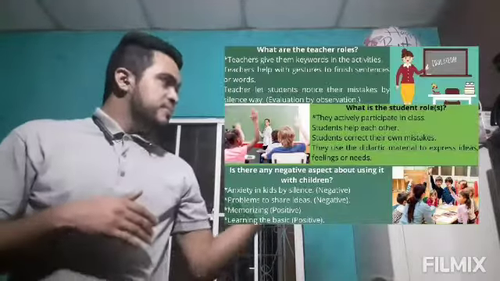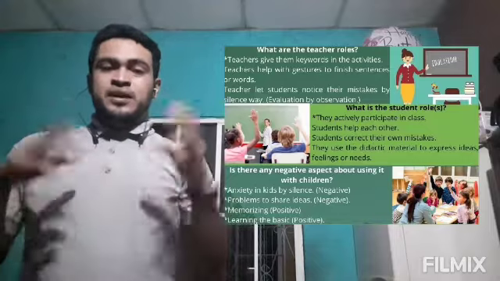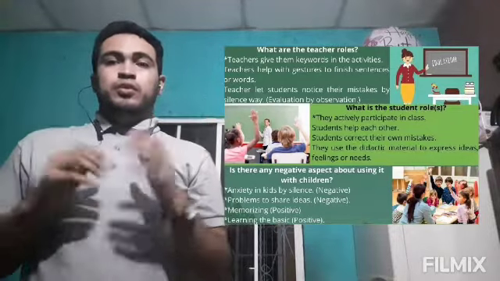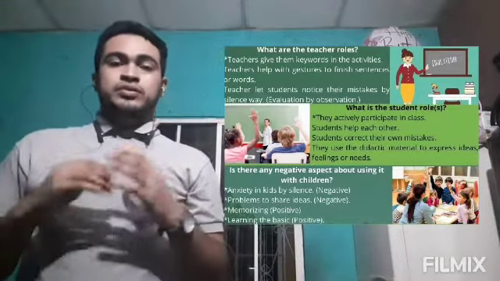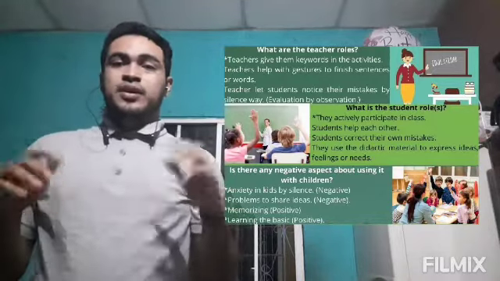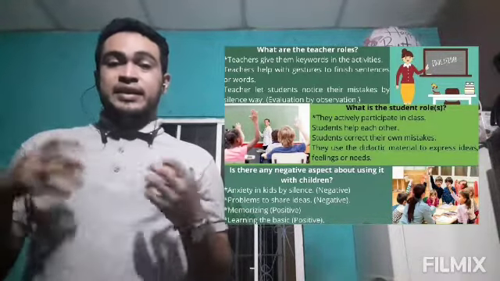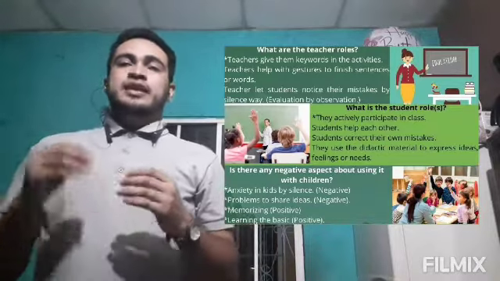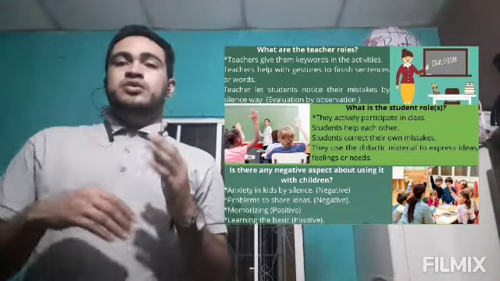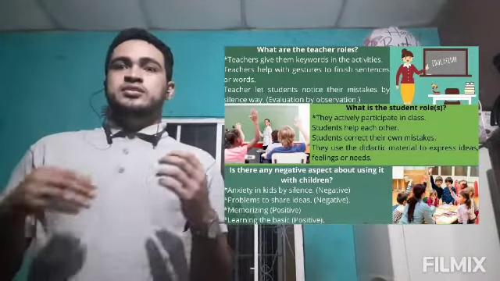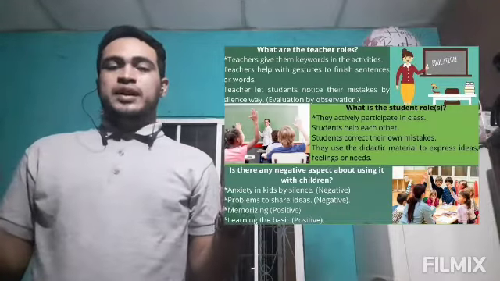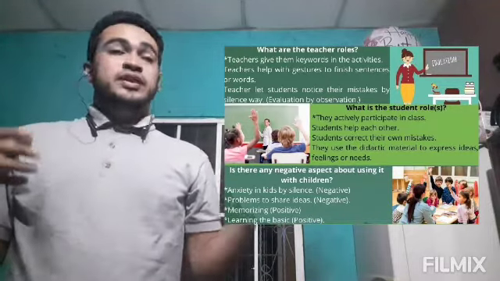In the second poster we are going to see the teacher roles. The teacher roles in this Silent Way method are that the teachers give keywords in the activities. The teachers only provide keywords or gestures to finish the activities.